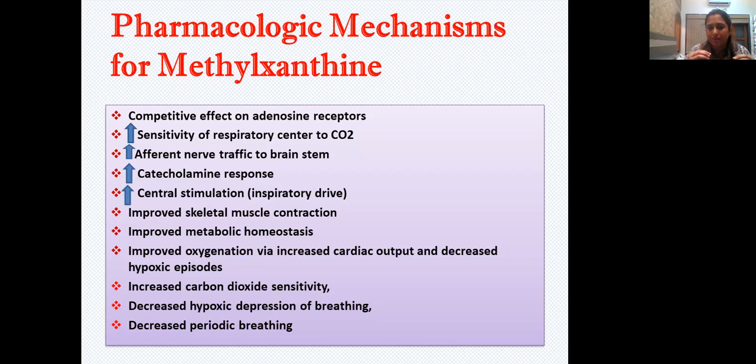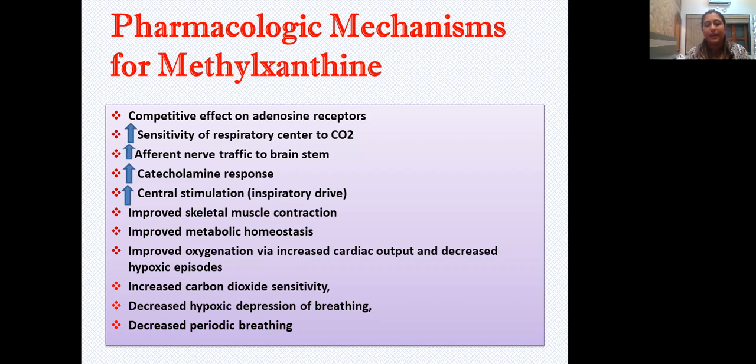Basically, adenosine has a negative inspiratory impact, or it causes inhibition of inspiration or inhibition of breathing. So methylxanthine competitively inhibits adenosine itself, as a result of which it increases the inspiratory drive.